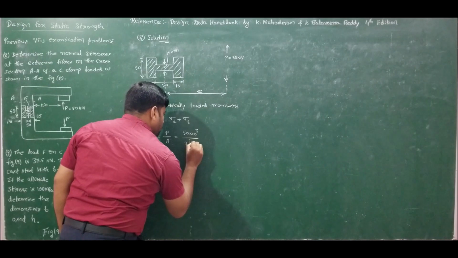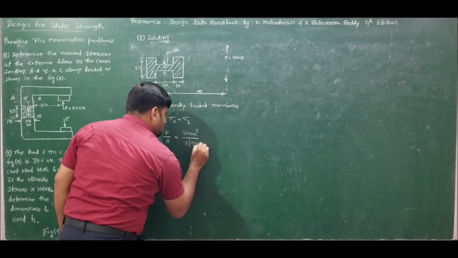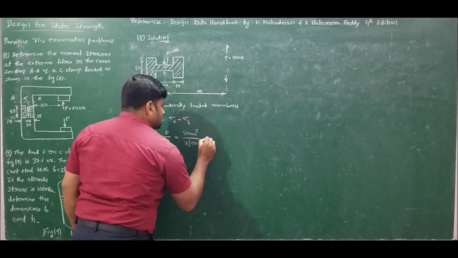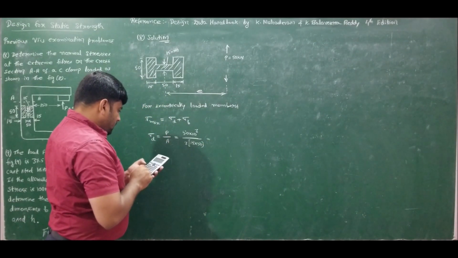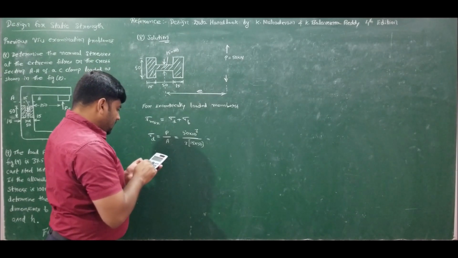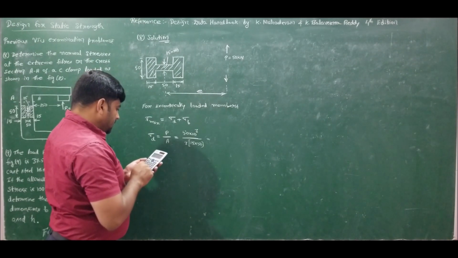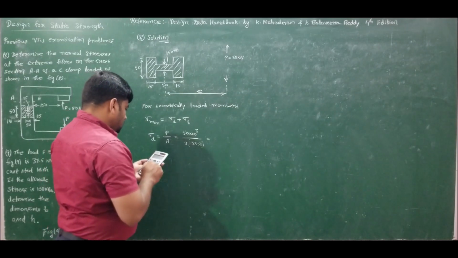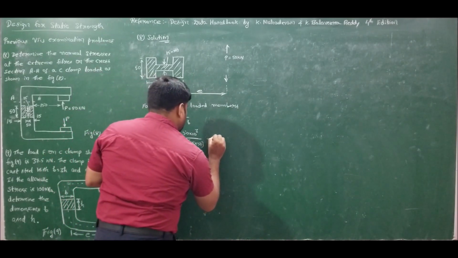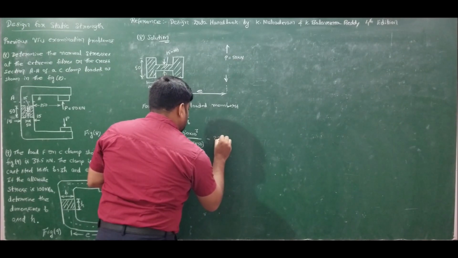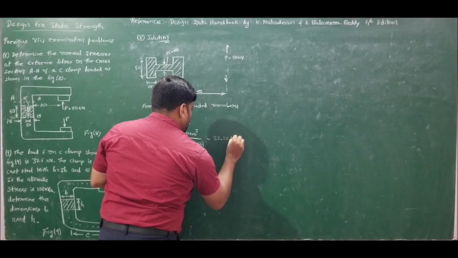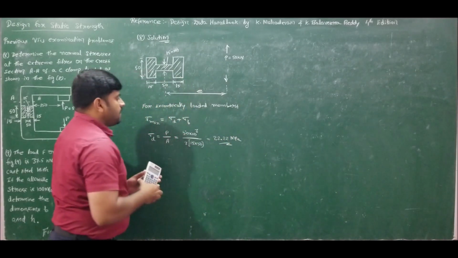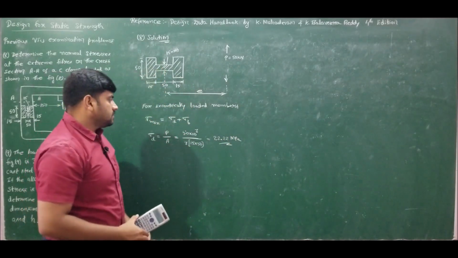Therefore the area will become 50 into 10 to the power of 3 divided by 3 times 15 cross 50. So the magnitude of direct stress turns out to be 22.22 megapascals. All dimensions are in millimeters.